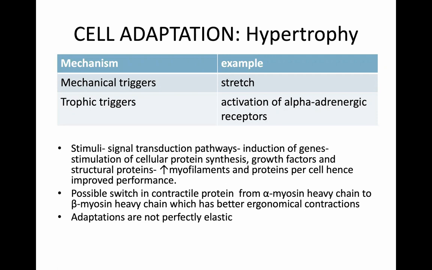Now, the result is the synthesis of more proteins and myofilaments per cell, which achieves improved performance, and thus you get a balance between the demand and the cell's functional capacity. Along the line, there may also be a switch of contractile proteins from the adult to fetal or neonatal forms, and that happens when the stressor is not removed in the long run.